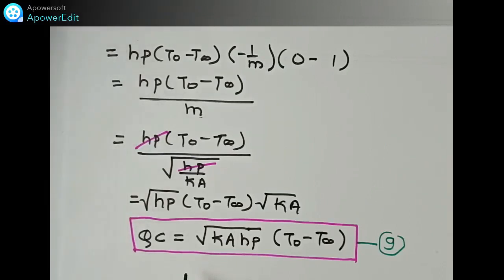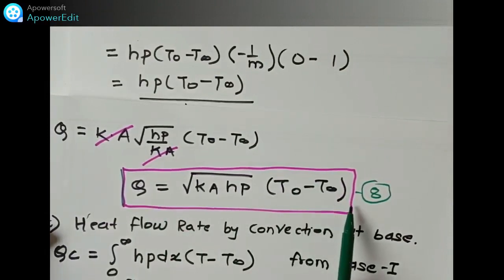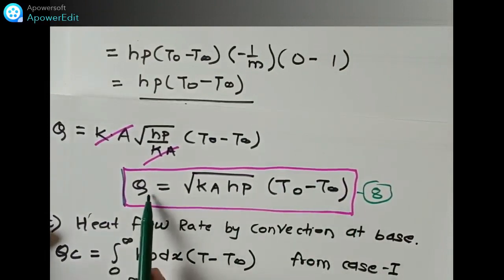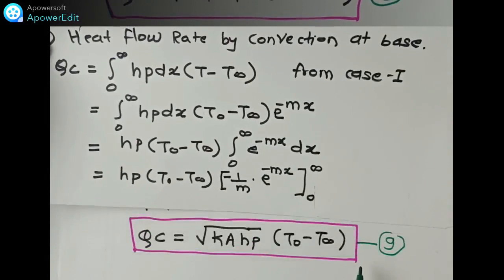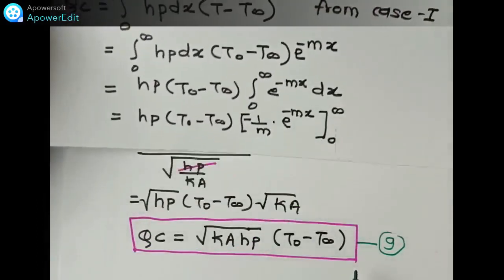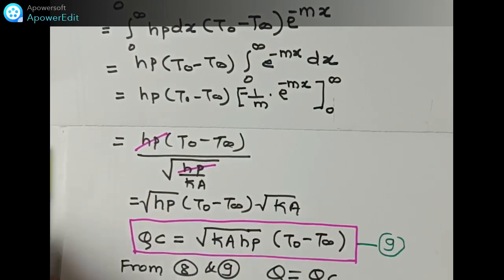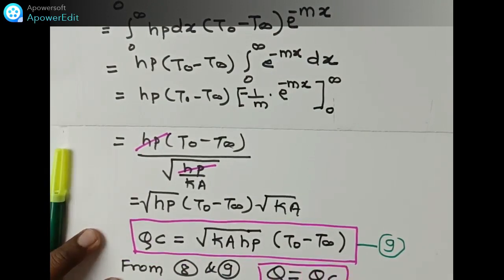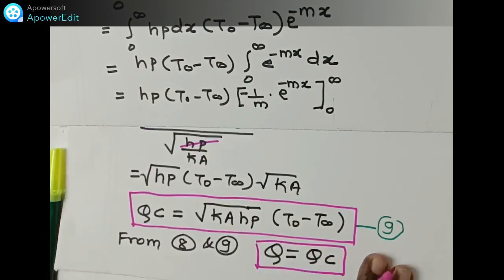So here this equation will be same as the equation for infinite long fin heat flow, equation number 8 and equation number 9. Both are same. So that's why from 8 and 9, Q is equal to QC. So for infinite long fin, heat flow rate is equal to heat flow rate by convection.